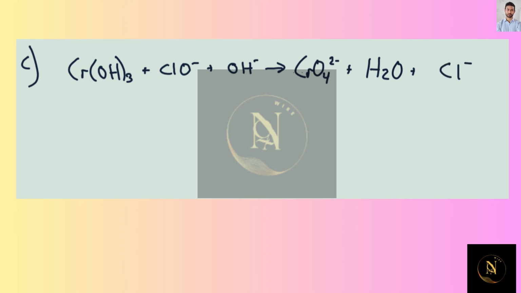The oxidation of chromium hydroxide to the chromate involves a transfer of 3 electrons. The reduction of hypochlorite involves the transfer of 2 electrons. So we're going to need to multiply the chromium by 2 and the hydroxide and the chlorine by 3.